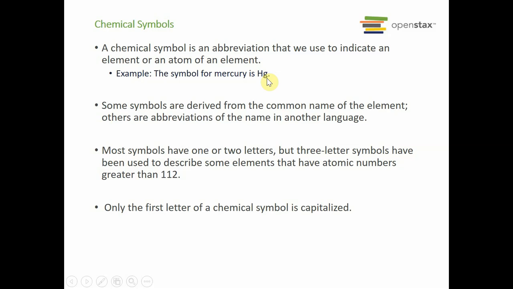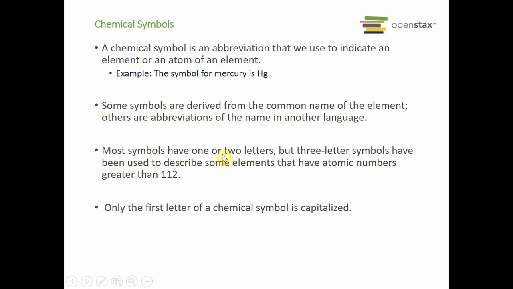That's the general structure of them. Some of the early ones only have an uppercase letter, like hydrogen and oxygen and fluorine. Some symbols are derived from the common name of the element, and others are abbreviations of the name in another language.